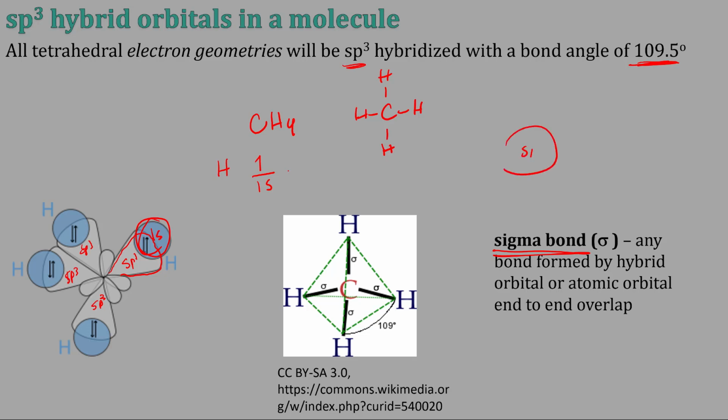Here's an sp3 and here's an sp3, and as long as they overlap end to end, that would be a sigma bond. Any single bond will always be a sigma bond. So we have one sigma bond here, here, here, and here to form that tetrahedral electron geometry.